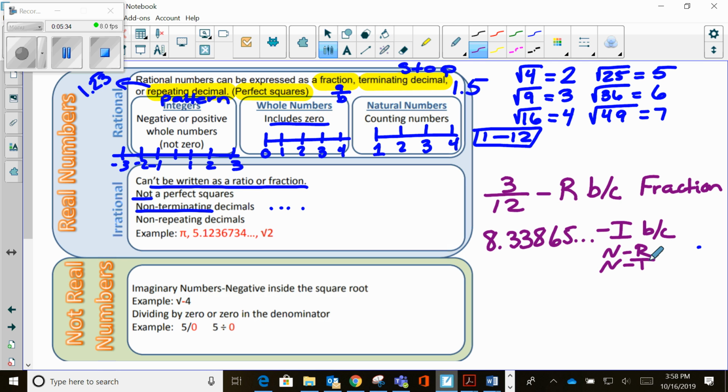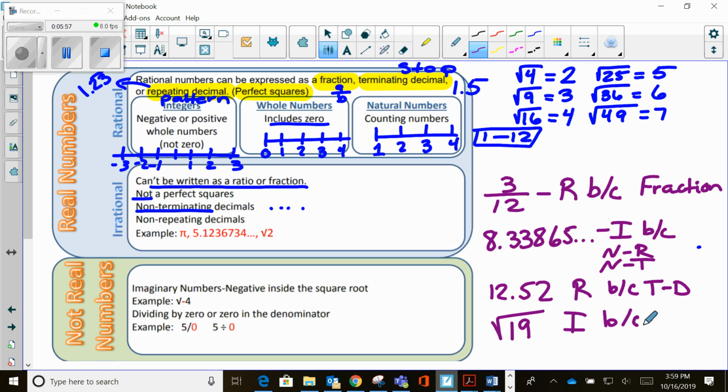If we look at another example, 12.52, this one would be rational because it is a terminating decimal. The square root of 19 would be considered irrational because it is not a perfect square.